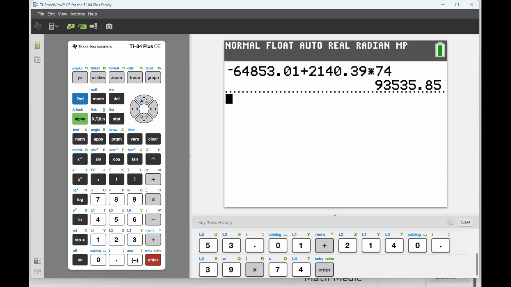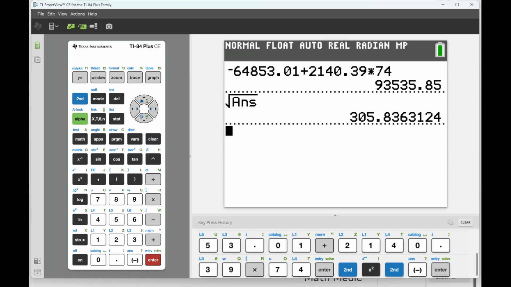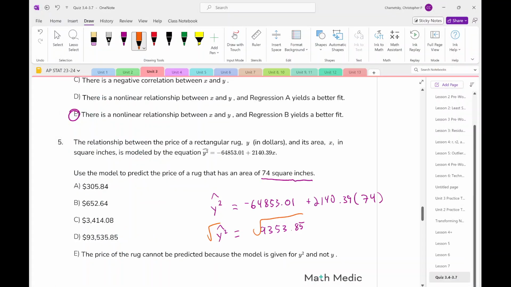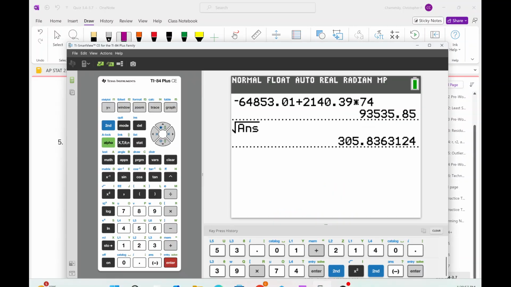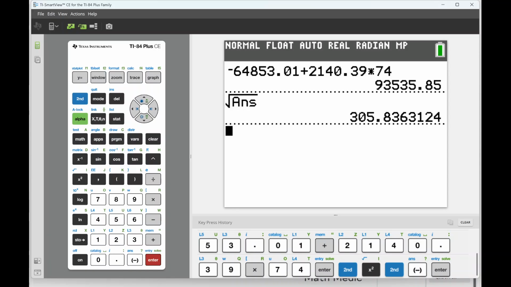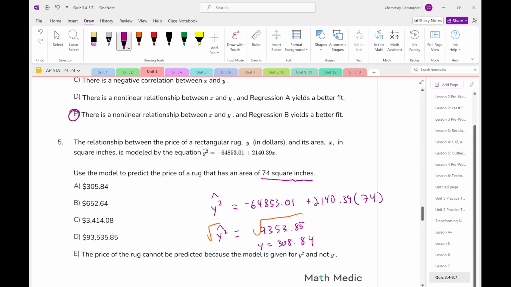So take the square root of our previous answer, and we get 305.836, or really 84, which is answer A.